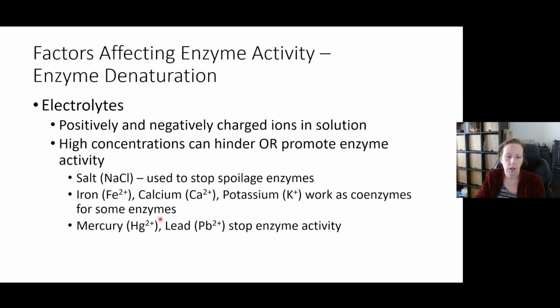And then you would not add this to food, but mercury and lead are ions that will stop enzyme activity. And you're not going to add those to foods because they're going to stop enzyme activity in the human body too, which is why mercury and lead are so poisonous in the human body, and you do not consume them.